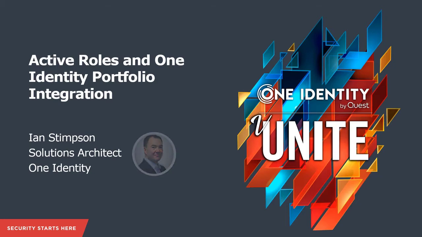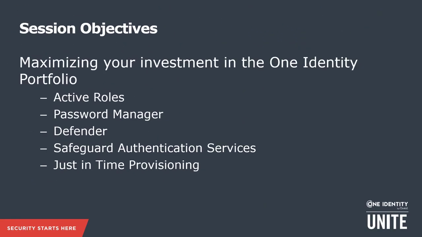So to touch base on the components we're going to be looking at, it's all around maximizing your investment in the One Identity portfolio. In this example, we're going to touch on the integration points between some of the key components within the portfolio.